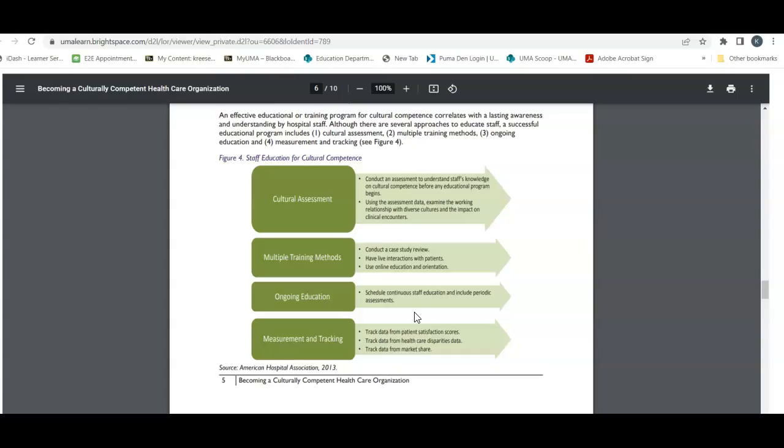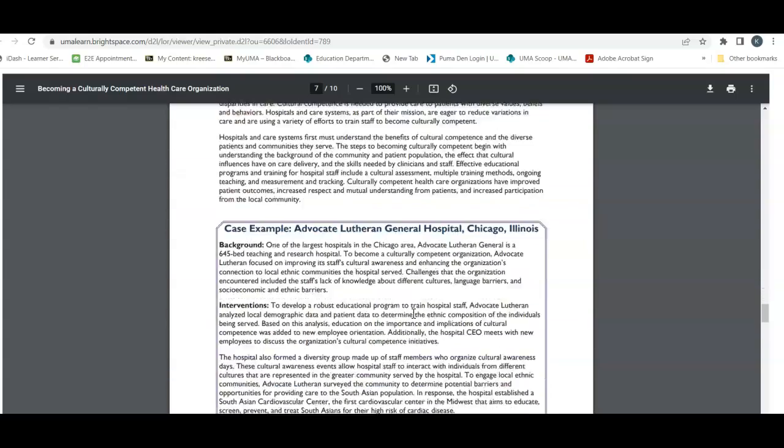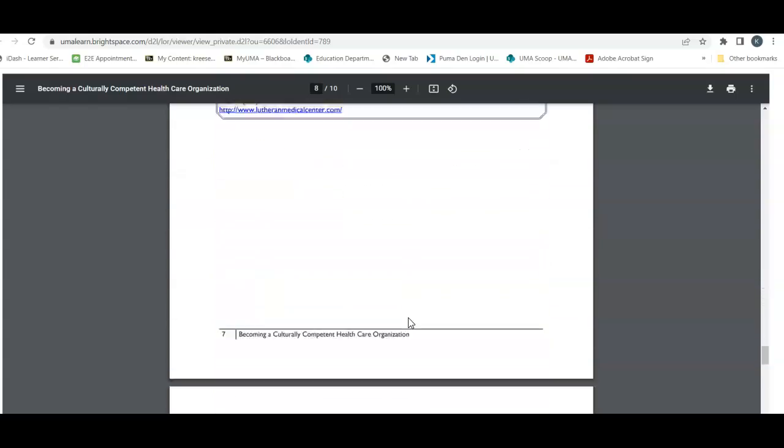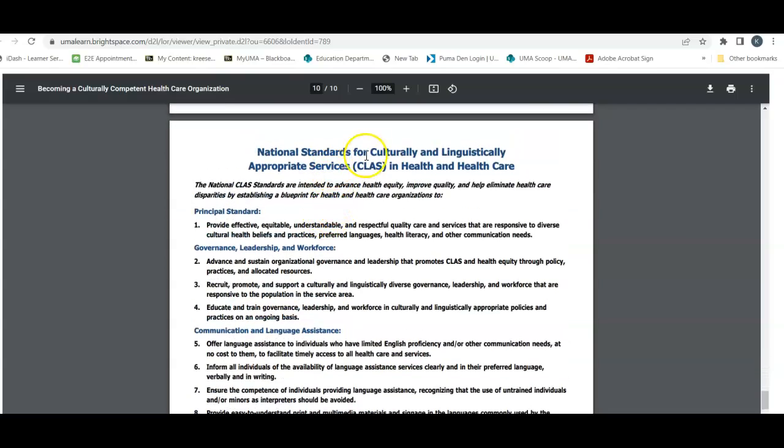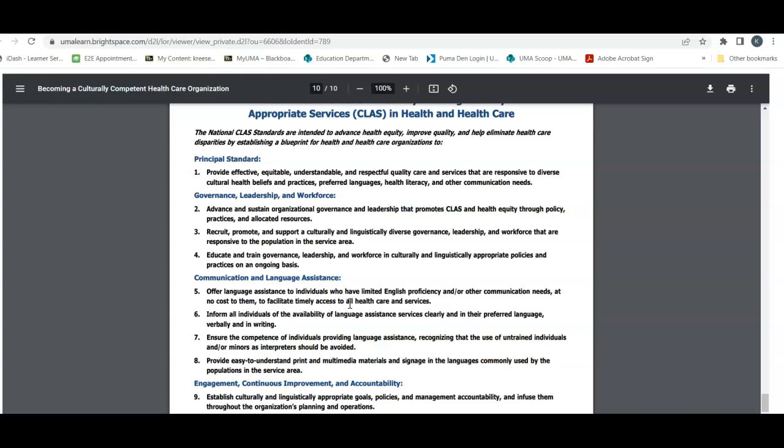So again, you'll read through all this information, and then the very last page is what I wanted to get to, the National Standards for Culturally and Linguistically Appropriate Services in Health and Healthcare. You'll read through these principles, and again, it's going to help you better understand culture and what you might need to include in your plan.